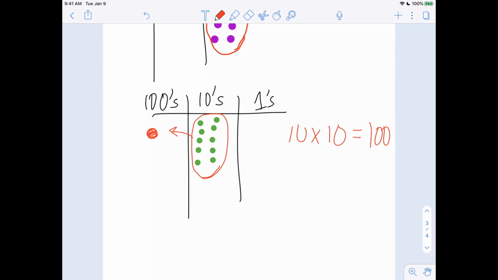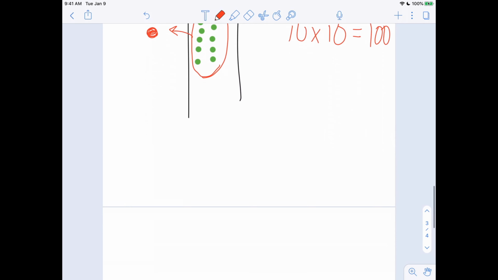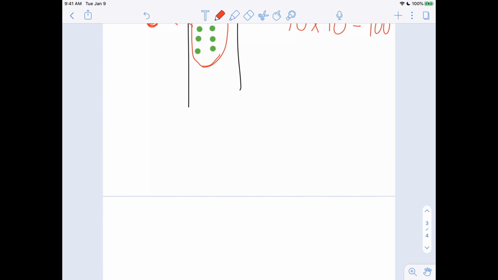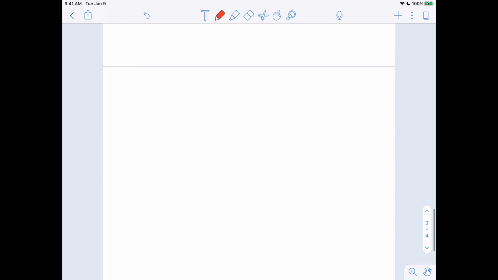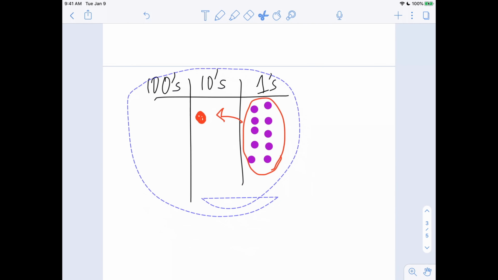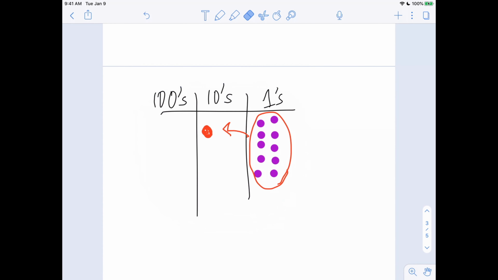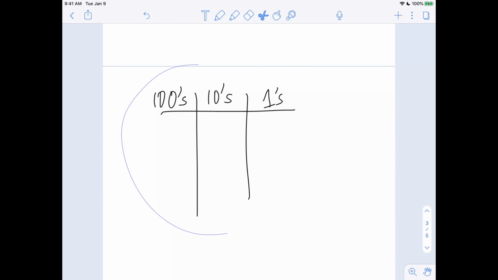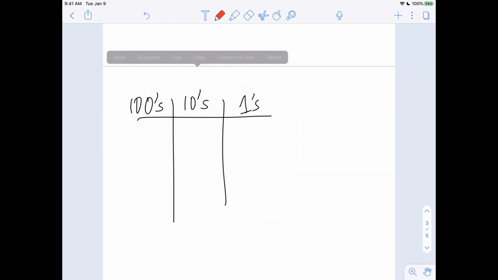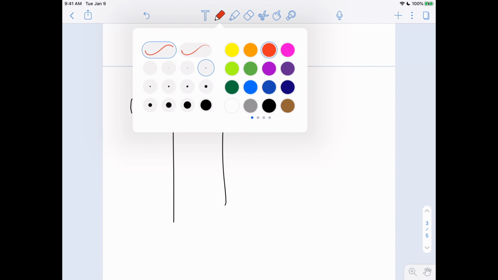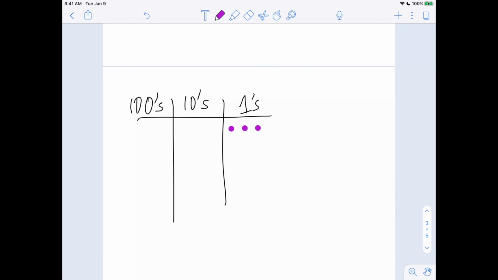That's the neat thing, and we could just keep going on this. Now I'm looking at my notes. So what if we had 4 ones? 1, 2, 3, 4.